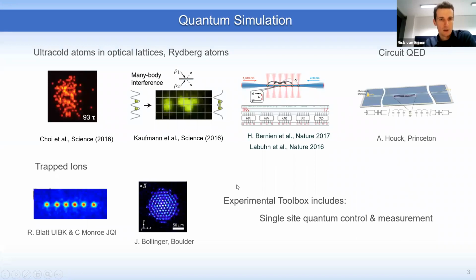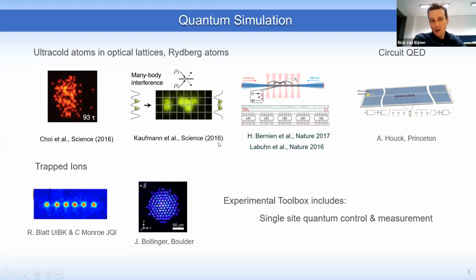So this idea has been around for a while, and in the last 10, 20 years, some very impressive results have been obtained. There's a large variety of systems, like ultra-cold atoms in optical lattices, Rydberg atoms, also trapped ions and things like this.